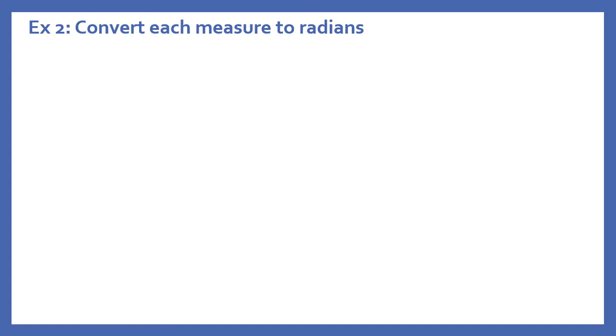Our next example, we're going to convert each measure to radians. It is pretty simple to do this. I'm going to show you a long way to do this using ratios. It's a surefire way to get the correct answer because conversions sometimes mess with people's heads, but this certainly isn't the only way you could do this.